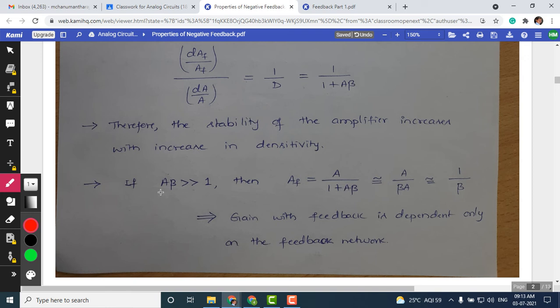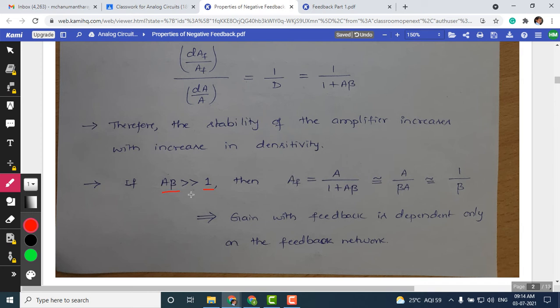And also there is another relation which is important here in the basic gain equation. Okay, if I assume that A beta, the loop gain, is far greater than 1, if we adjust the amplifier and the feedback network such that we are able to achieve this, the product of basic amplifier gain and the feedback network gain is more than 1, then let us see what is its effect on the negative feedback amplifier gain.